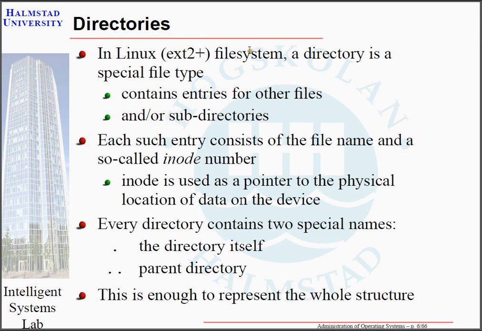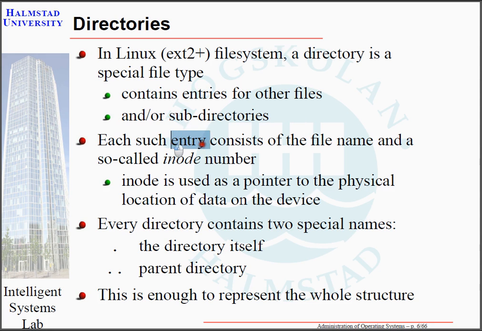In Linux file systems, a directory is just a special type of file. It doesn't have to be like this. Some other file systems are organized differently, but in this particular case, a directory is just a file which contains entries for all other files, as well as subdirectories.